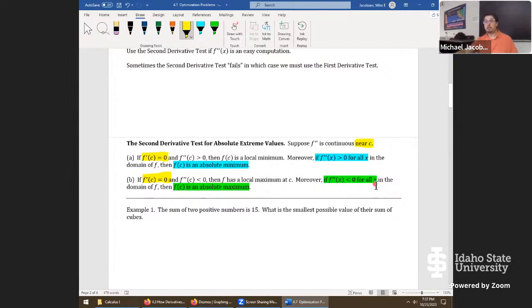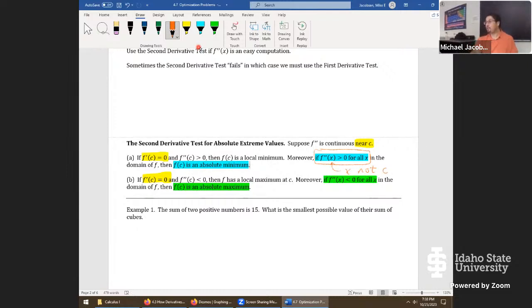If we're looking for optimization problems, show that it's always negative, then you have an absolute maximum. So that's how we're running this new test. It's all about this segment right here, and the fact that this is x, not c. That's what's making the big modification.